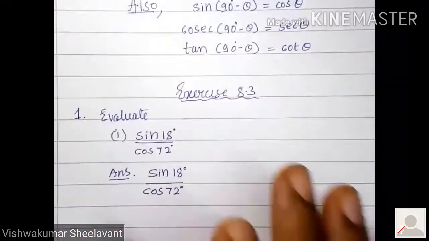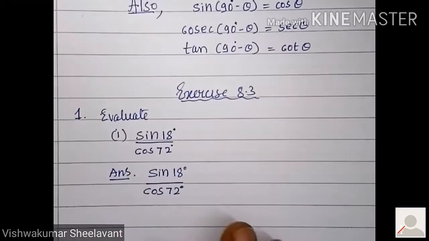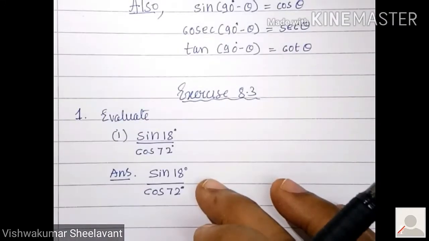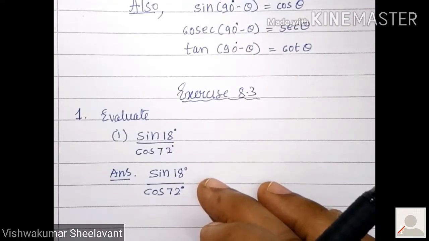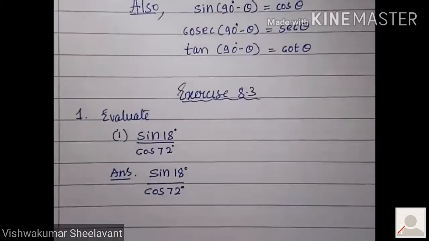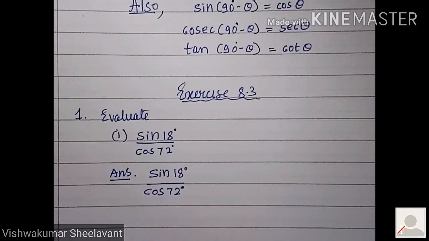And also please understand when to apply this complementary angle relationship. It should be applied only if the angles are not in the table we have written already. 18 and 72 are not there.